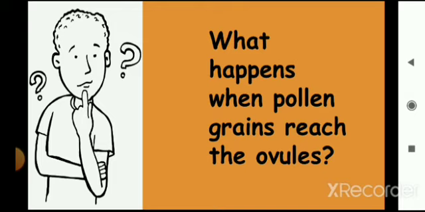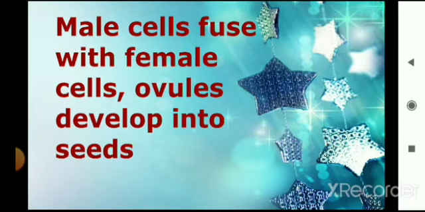And this process of fusion is known as fertilization. If the question comes, what is fertilization? You will say, when male cells fuse with female cells, the process of fusion is known as fertilization.